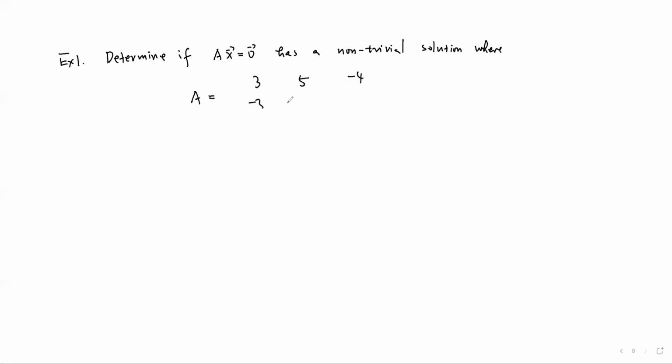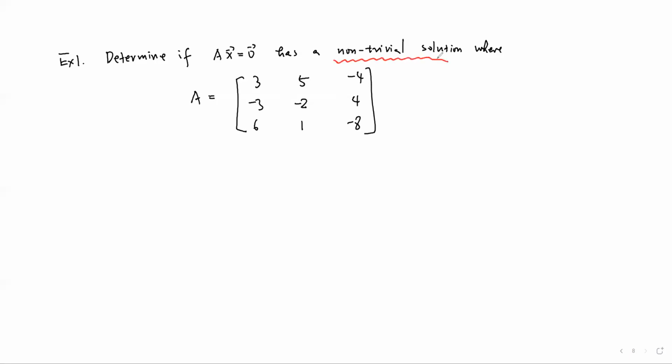Determine if the homogeneous linear system has a non-trivial solution, where the coefficient matrix is 3, 5, -4, -3, -2, 4, 6. Yeah. Okay, now let me explain what non-trivial solution means.